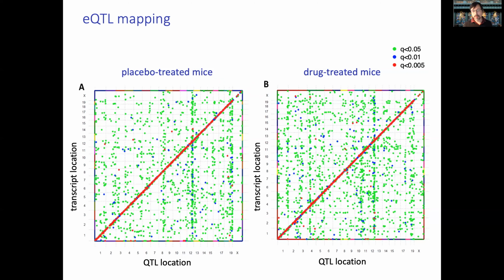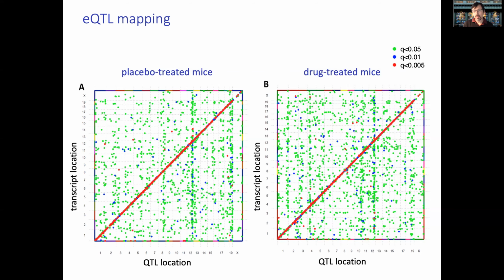If we just looked at the drug-treated mice and did the same thing, we see a very similar picture. It's not exactly the same pattern, but we see the diagonal. And I should note that there are some drug injury studies that have just used drug-treated mice.